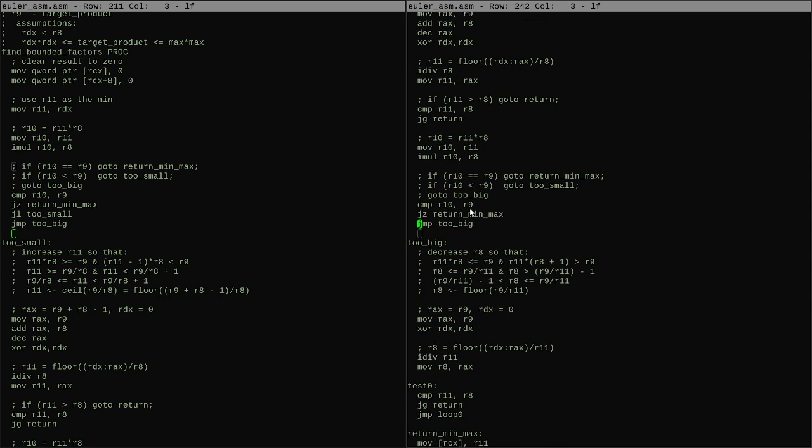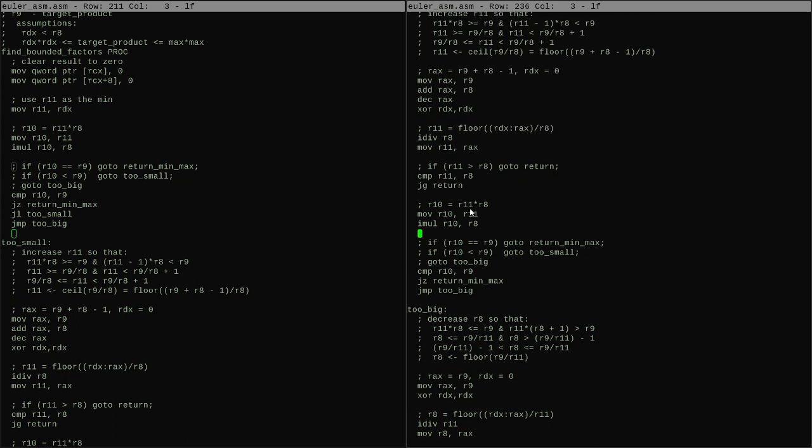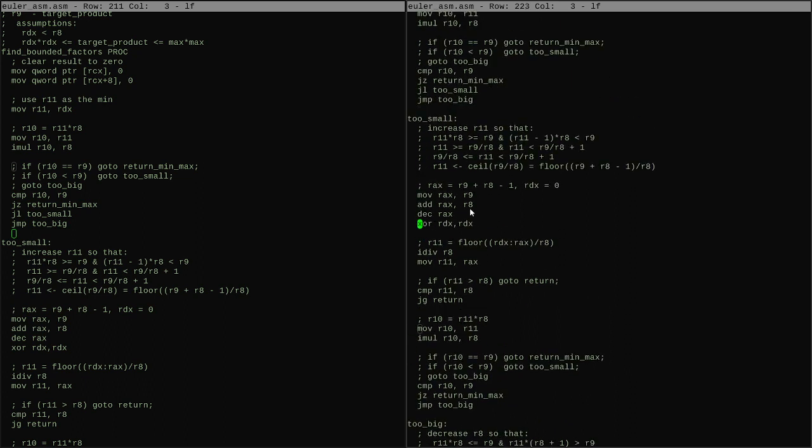We're either going to be done or we'll go to too big. And so instead of having to do this multiply and then this compare here, we'll be able to rely on just whatever's sitting around in RDX after this divide to tell us where to jump.